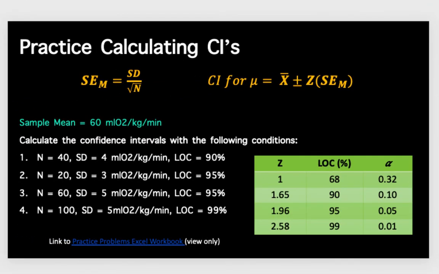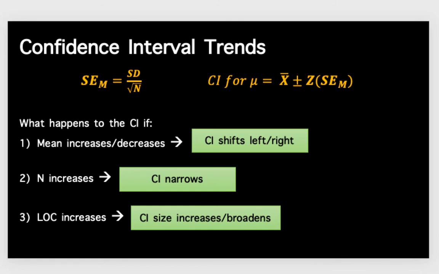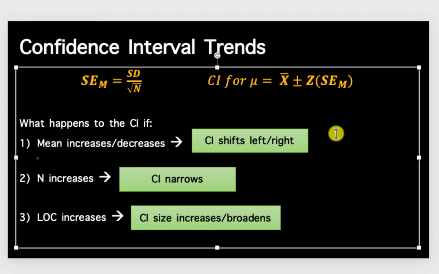So we can point out some interesting effects based on different factors that are going to influence where our confidence interval lies, as well as the size of our interval. When the mean increases or decreases, that's just going to cause a shift in the confidence interval from left to right.